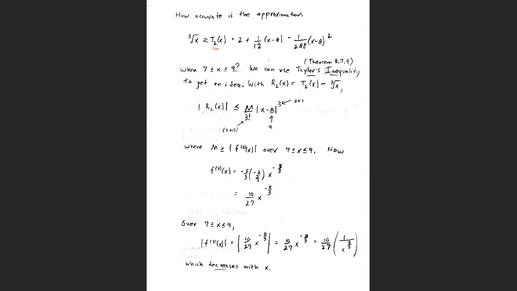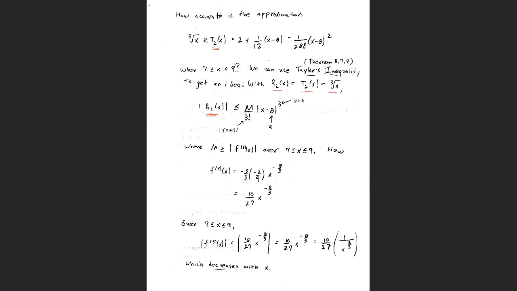Now, the remainder, the error, r sub 2, is equal to the difference between the second degree Taylor polynomial and the cube root of x. So by Taylor's inequality, how big would that error be? Which will tell us how well our polynomial approximates the cube root of x.